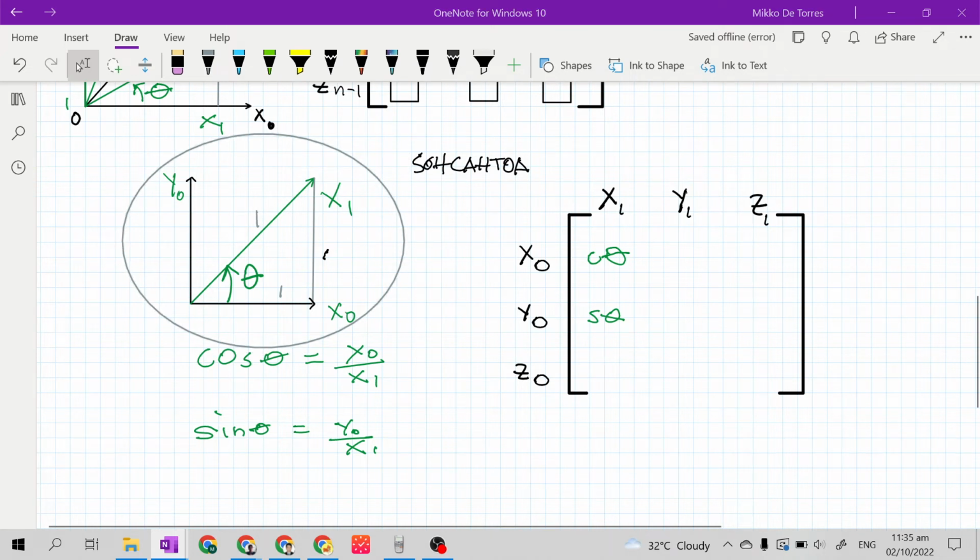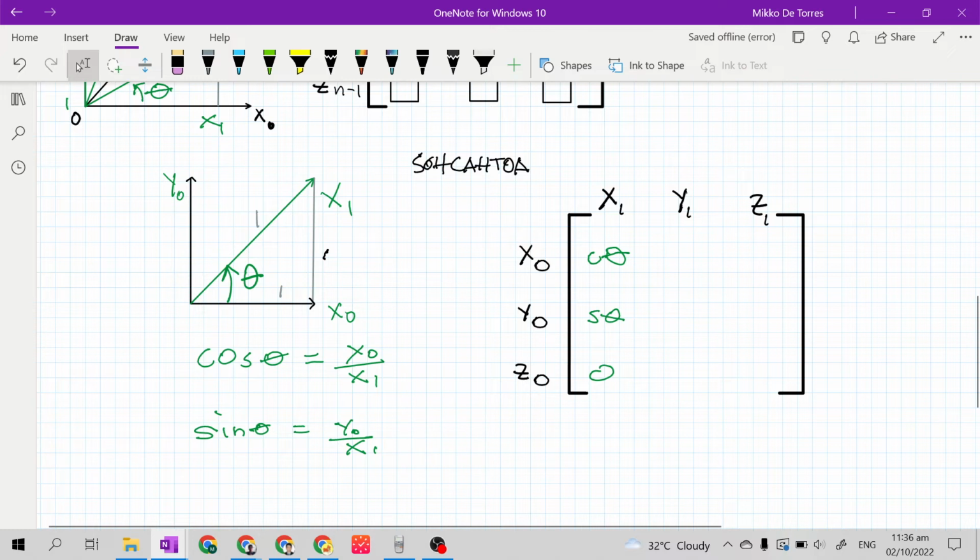So we will just put 0 at the element of x sub 1, z sub 0. So we now have the first column of our 3 by 3 matrix.